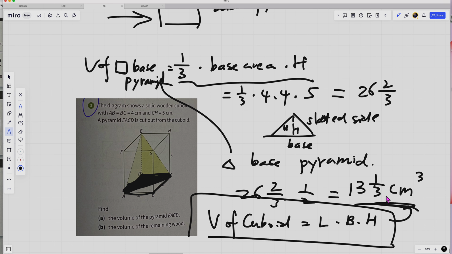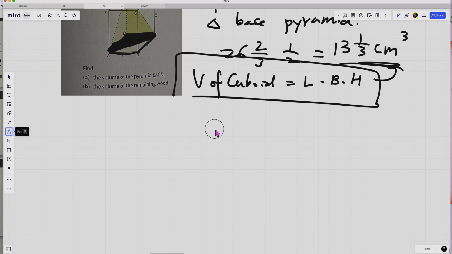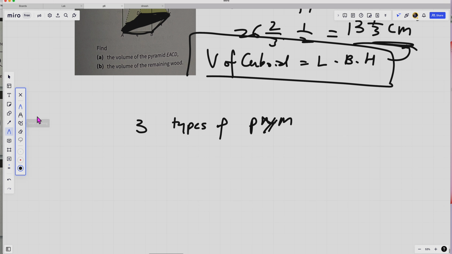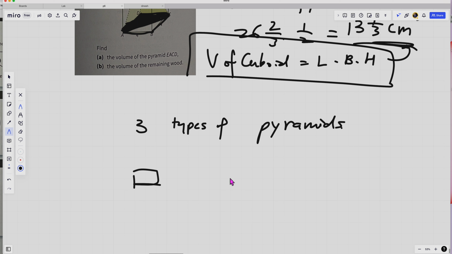With this, we have encountered 3 types of pyramid so far. Which 3? The rectangle base pyramid, the square base pyramid, and the triangle base pyramid. Exactly.